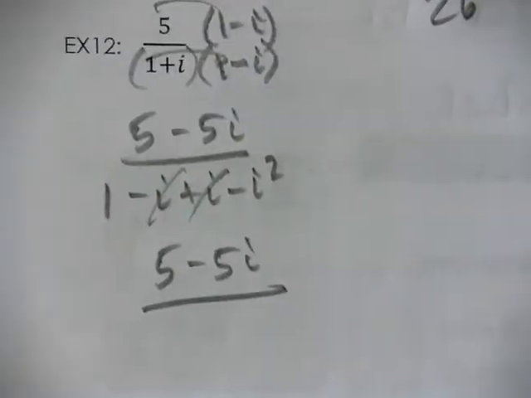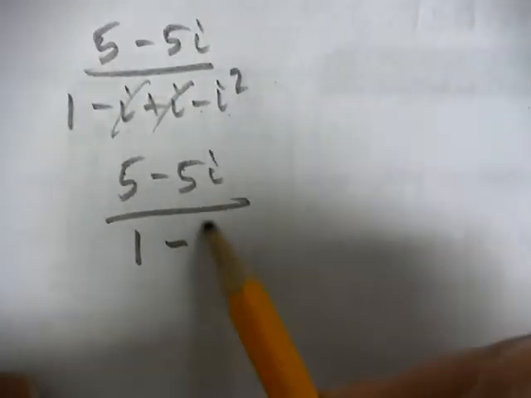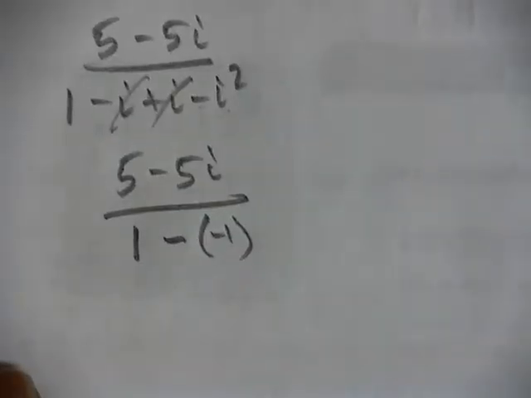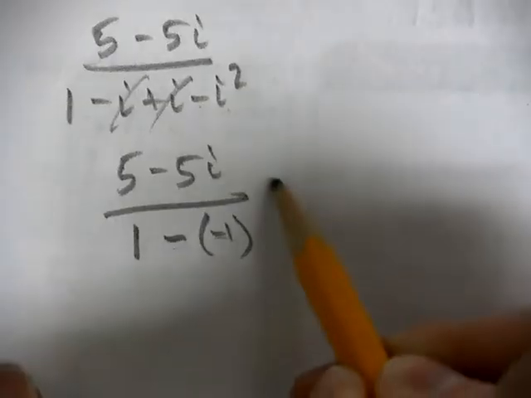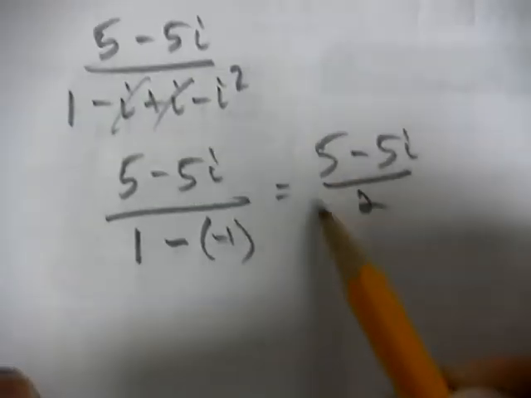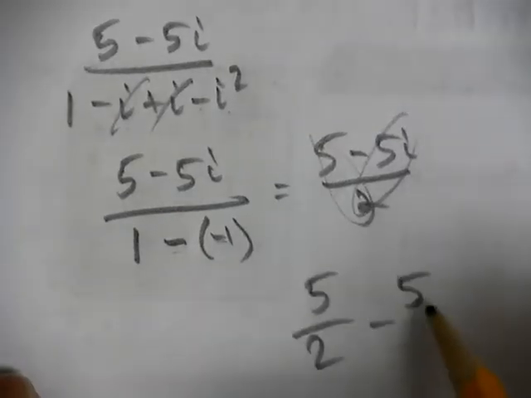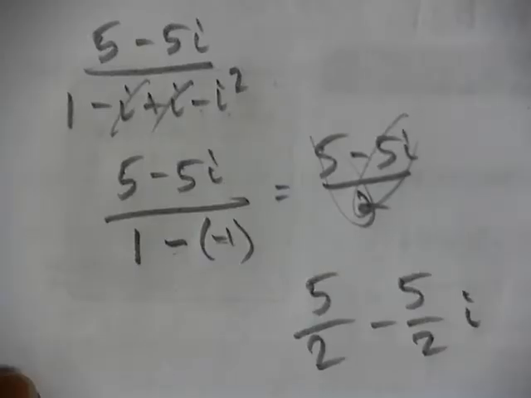The i's cross out. That's the advantage of the conjugate. So we're going to have 1 minus i squared, which is negative 1. So that's going to become 2. We break that up into our two problems, the reals and the imaginaries.